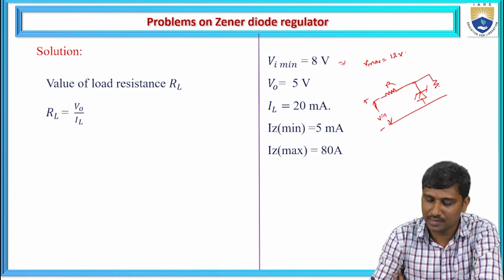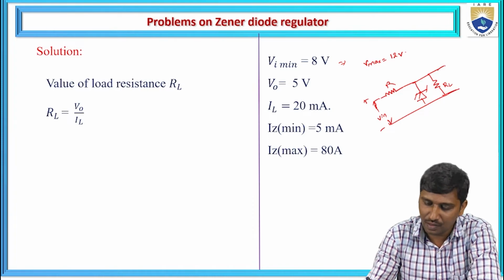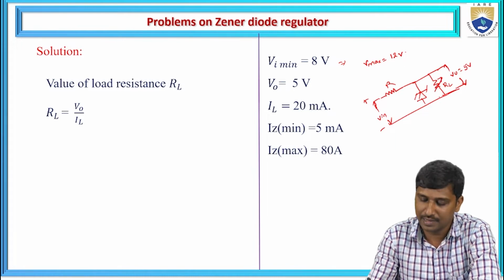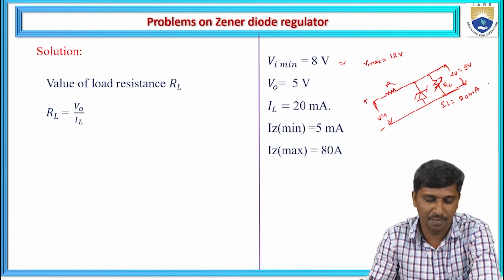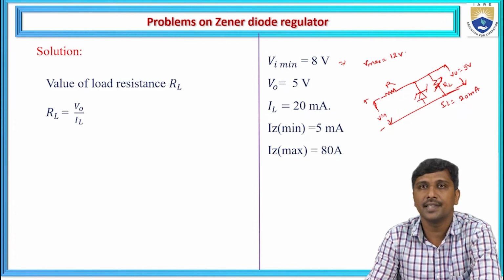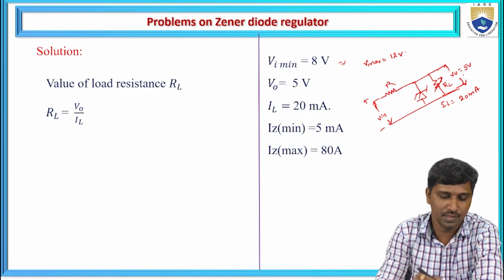Now we are going to place a load resistance RL. So now this V0 is represented as 5 volts. Across this load resistance, the load current is represented as 20 milliamperes. Now we need to calculate how much resistance is required to satisfy this load current of 20 milliamperes and output of 5 volts.